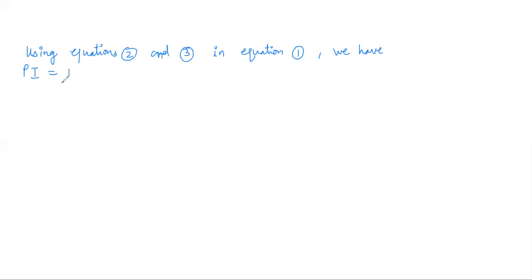You are having here 1 upon 2a iota. Then we were having e raised to power a iota x.